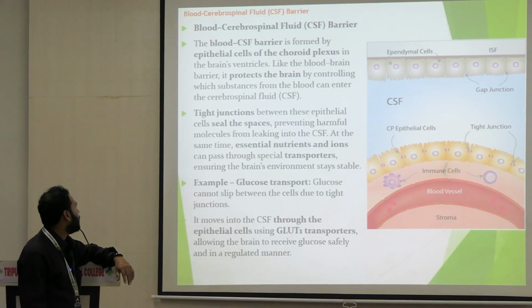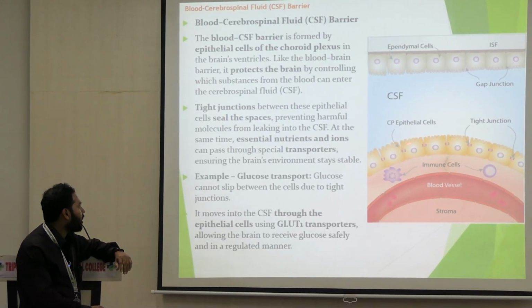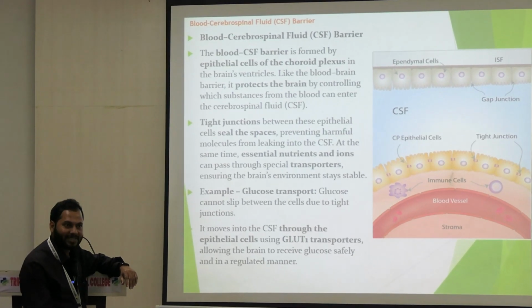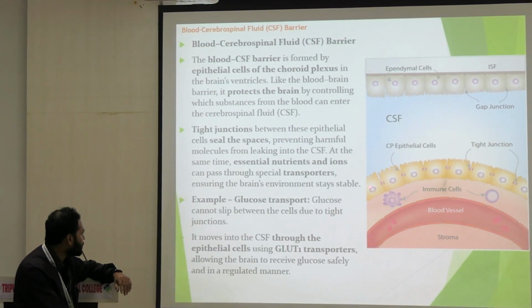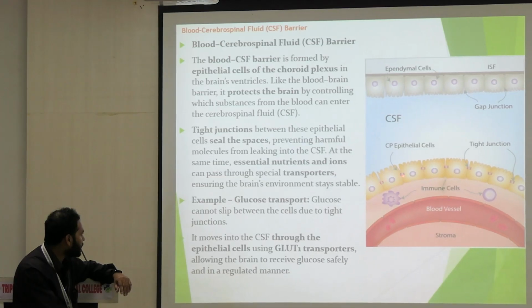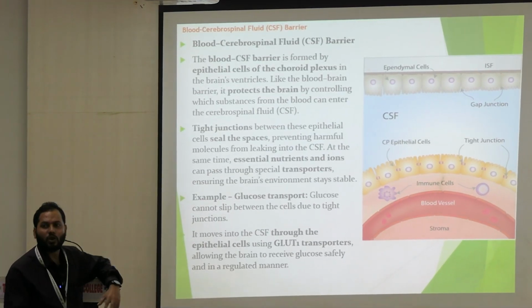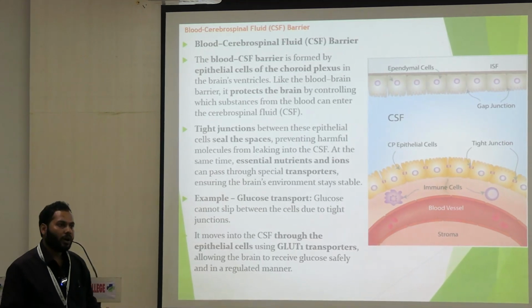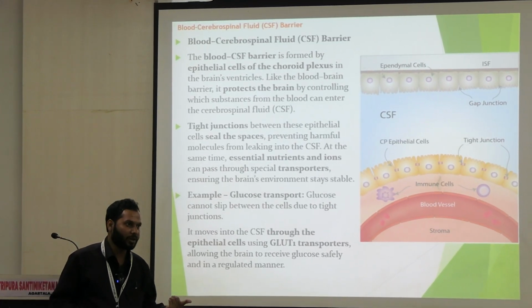We also can see the same thing in the blood-cerebrospinal fluid barrier. You can see there are certain types of epithelial cells present in the choroid plexus of the brain ventricle, and those adjacent epithelial cells contain some tight junctions, right? And these are the blood vessels which carry a lot of materials, including important and less important molecules, which are not necessary for the brain cell.